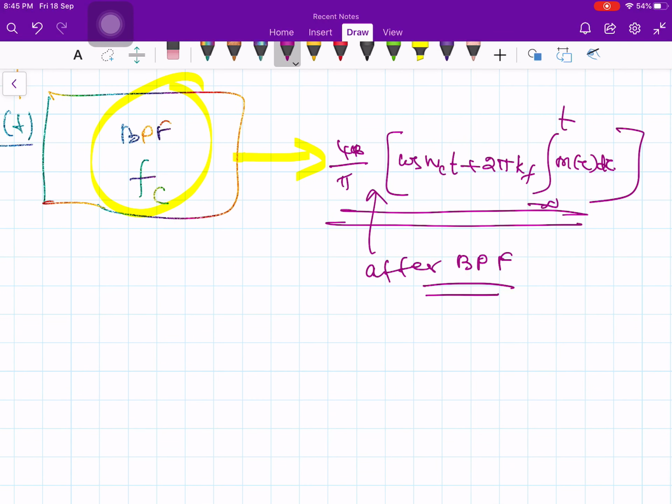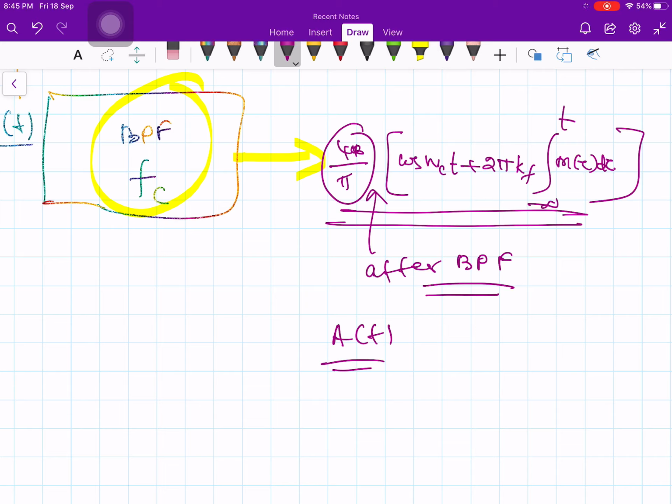As you can see, independent of the value of A of t, there is no A of t term here. The output has a fixed amplitude equal to 4 by pi, and your FM signal has zero amplitude variations. The FM variations remain, but the argument remains intact. It is not disturbed.